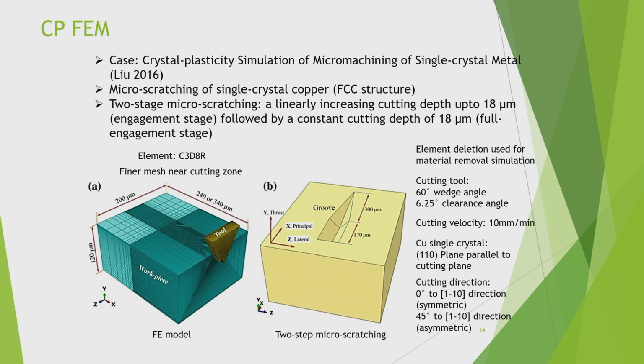Here we apply the concepts about the crystal planes etc. We did micro scratching of single crystal copper which has an FCC structure. The only thing is that you should have the corresponding material law from material science, whereas in molecular dynamic simulation any process you can model without knowing the physics of the process, because you are doing atom by atom.